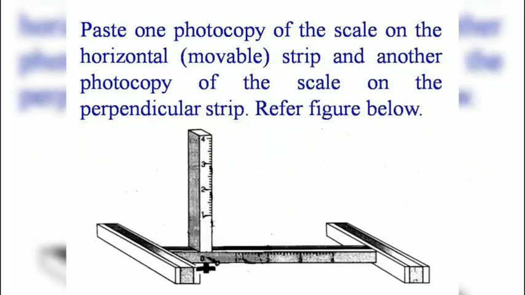Then next, paste 1 photocopy of the scale on the horizontal, movable strip, and another photocopy of the scale on the perpendicular strip. Refer to this figure. So you have to paste the photocopy of the scale on the 2 wooden strips.